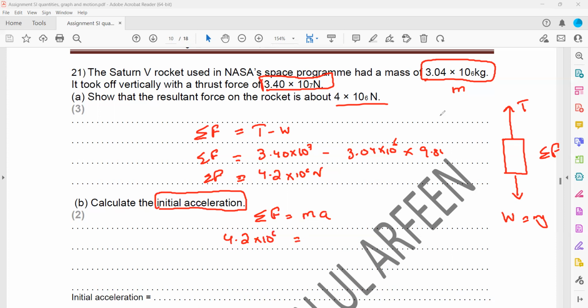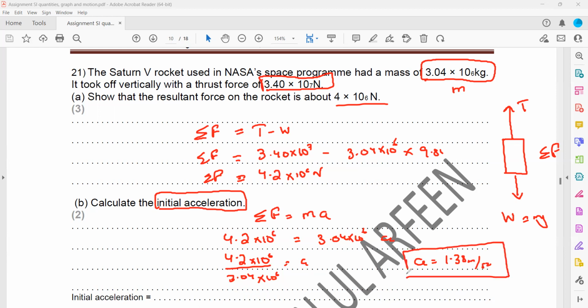The mass of the rocket is also given, which is 3.04 × 10^6. So this part is multiplied, the other side will be divided: 4.2 × 10^6 divided by 3.04 × 10^6. When we divide them, this gives us the acceleration, which is about 1.38 meters per second squared. So this is the initial acceleration of the rocket.